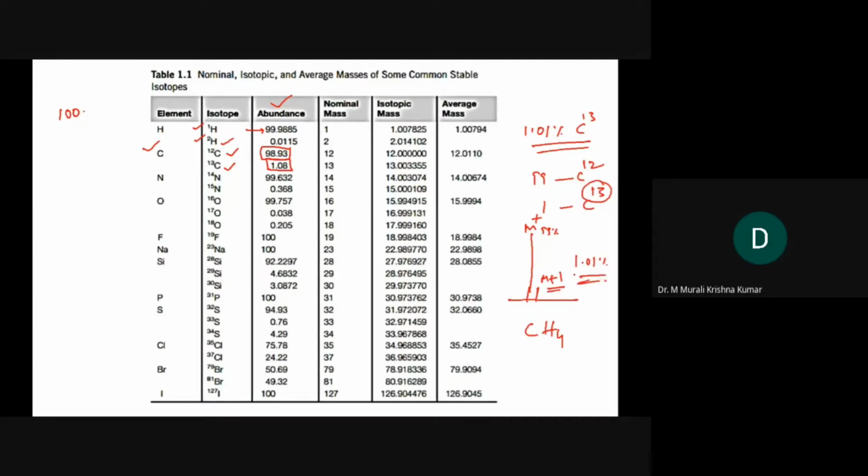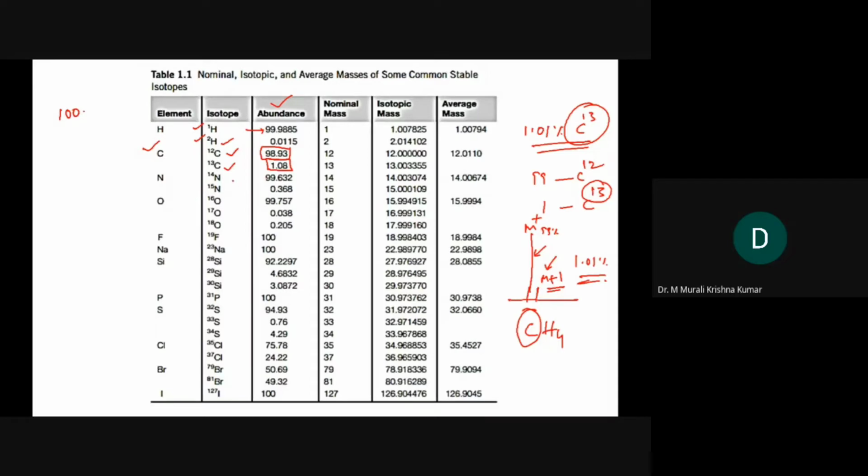Okay, so it is like that. We can clearly see the presence of isotopes if you observe the molecular ion and other ions like M plus 1, M plus 2 ions that are coming. They will clearly tell you how many carbons are there.